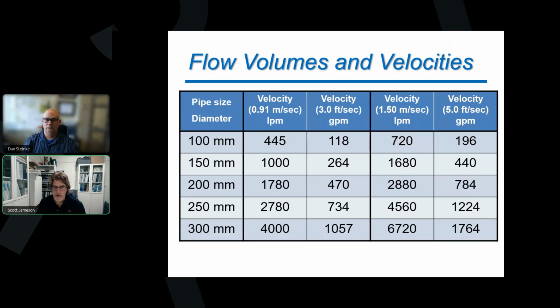So even with an 8-inch pipe, for that 5 feet per second, trying to achieve that 784 gallons per minute, you can do that with a 2.5-inch port if your system has a reasonable amount of pressure in it.